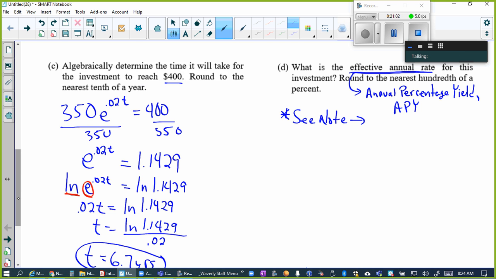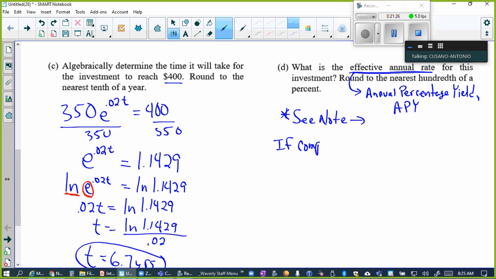Okay. Well, they want us to find the effective annual rate for this investment. Now, the stated rate was 2%, right? But we're compounding continuously, and I think we know the effective rate will be higher than 2%, won't it? So this was compounded continuously. What would it be if compounded once per year?